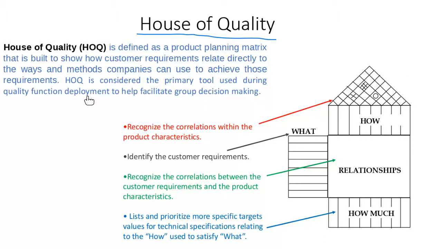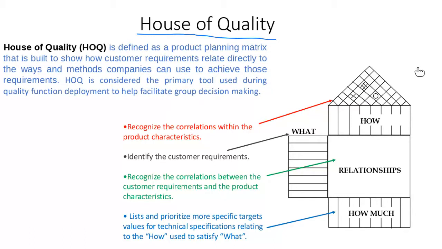It helps facilitate group decision making, meaning the group, whether the company engineers, the administration, or the primary decision-making team for the product that you are going to launch, or even if a service transaction. This is how the House of Quality looks like.